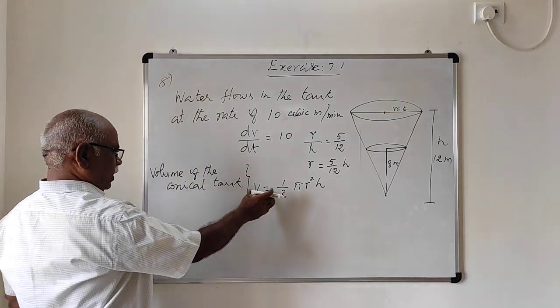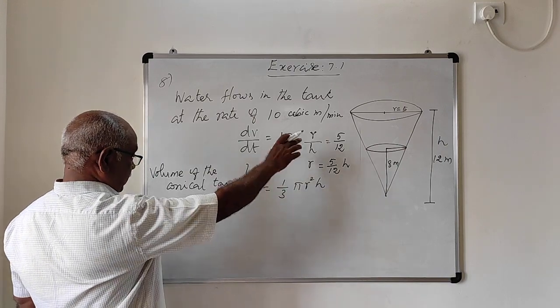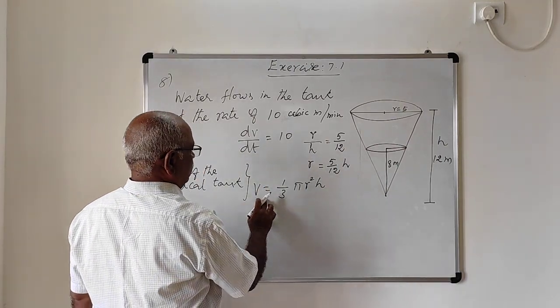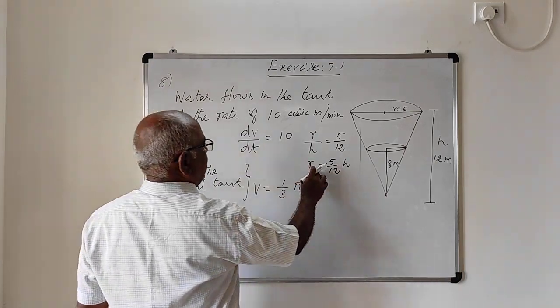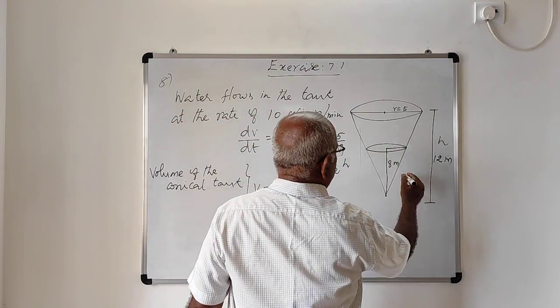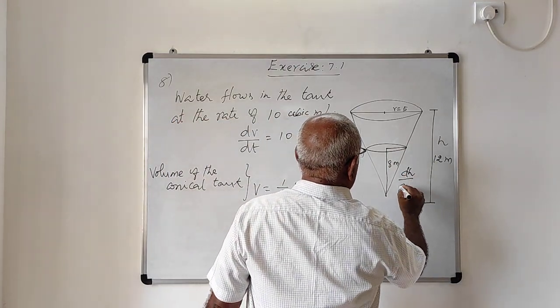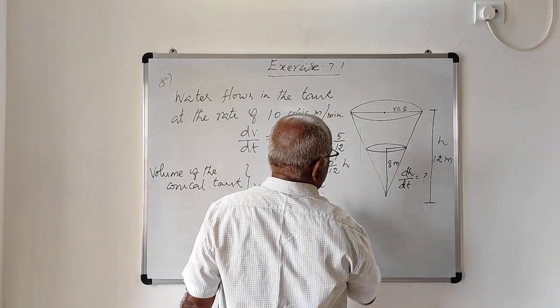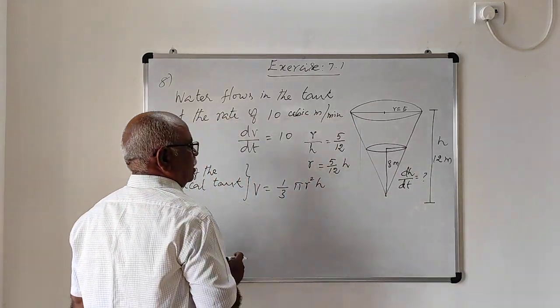This is the volume of the conical tank, it is the shape of a cone. I can replace r in terms of h. We want dh by dt. How fast does the water rise when the height is 8 meter? So dh by dt they are asking.